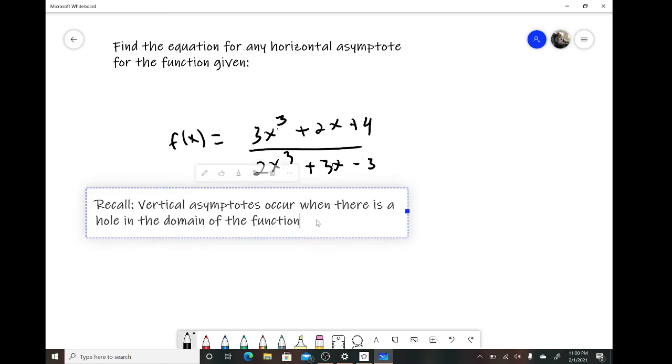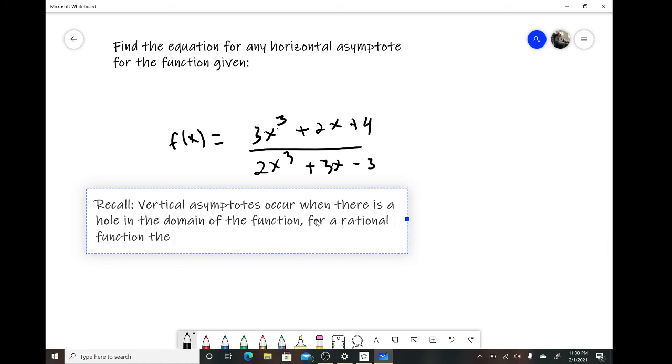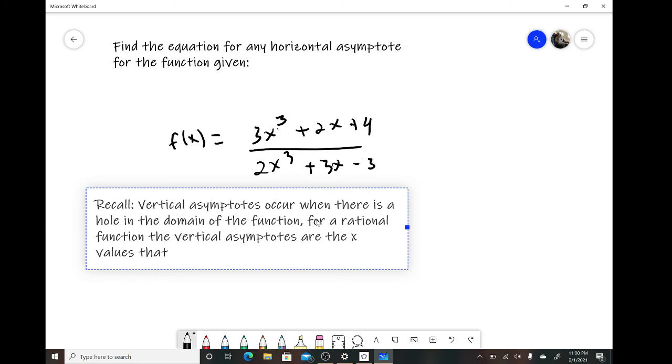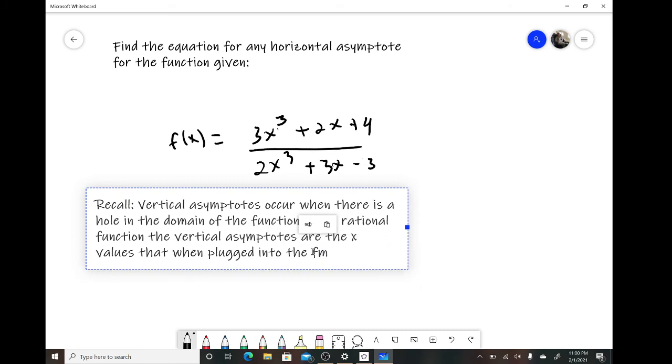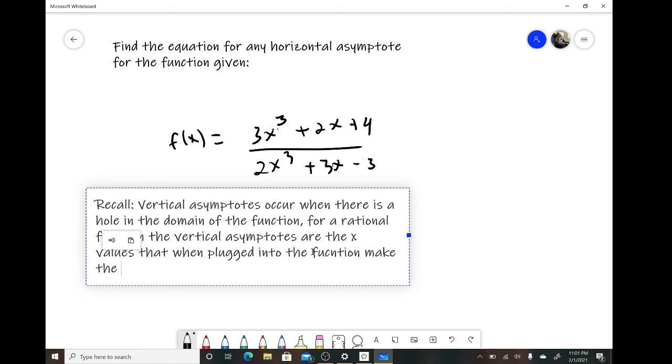In particular, for a rational function, the vertical asymptotes are the x values that when plugged into the function make the denominator 0, but not the numerator.